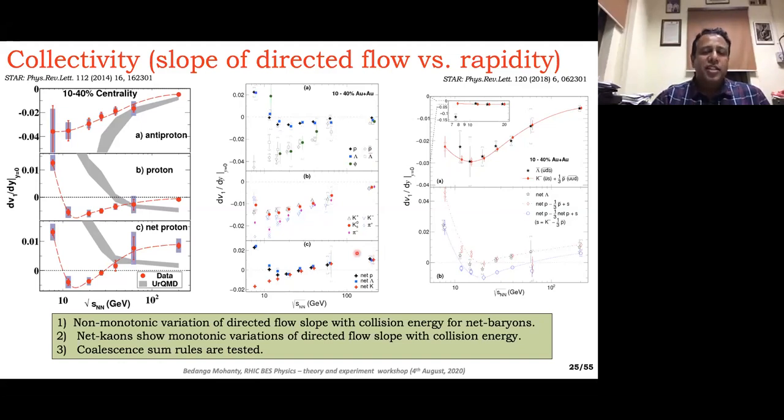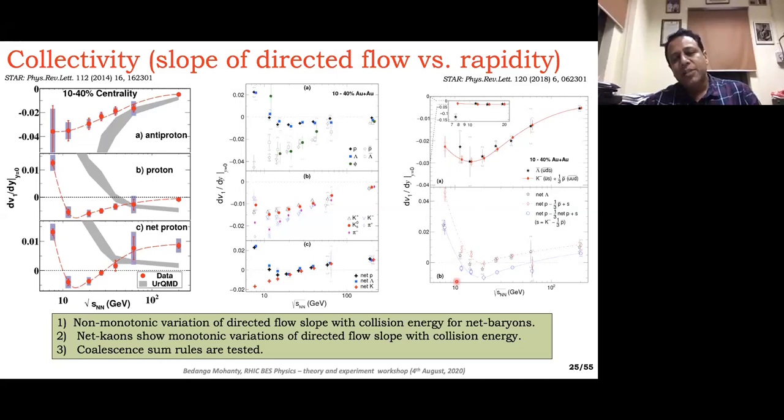Now, using this data, we can test several coalescence sum rules, which are discussed in this paper and shown here. The coalescence mechanism seems to work well at higher energies. At lower energies, we have to actually look at how the transported quarks play a role. Different variants of this coalescence mechanism explain different parts of the data.